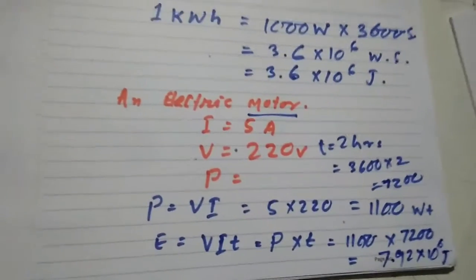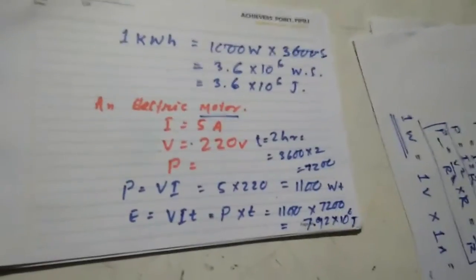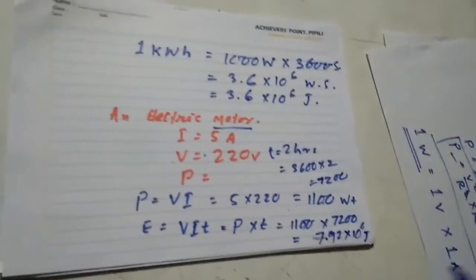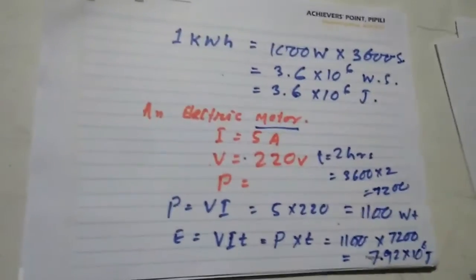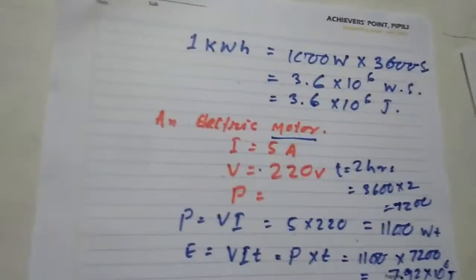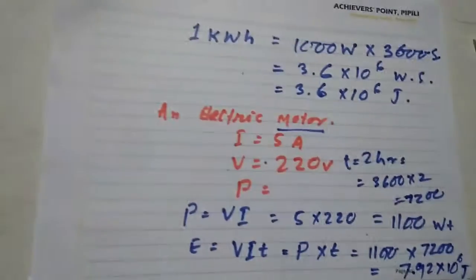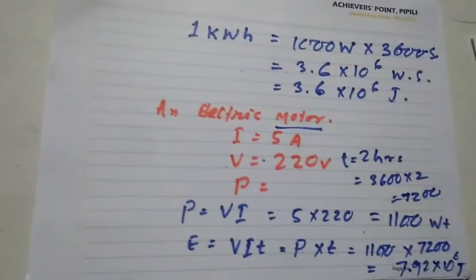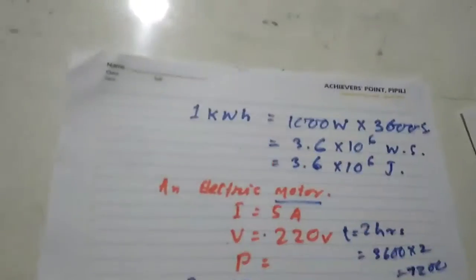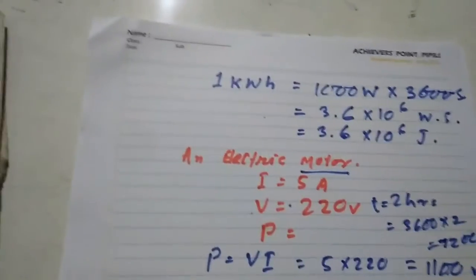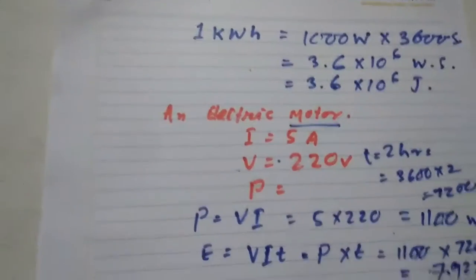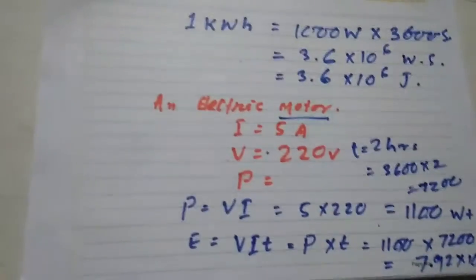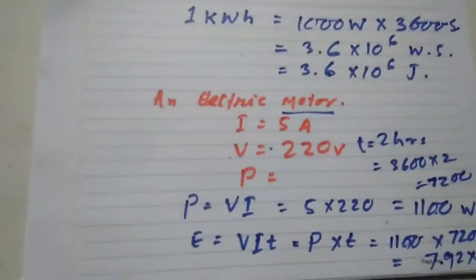This much will be the energy drawn by it in 2 hours, and we can multiply it by 30 days to get the total monthly consumption of energy, and we can convert it.